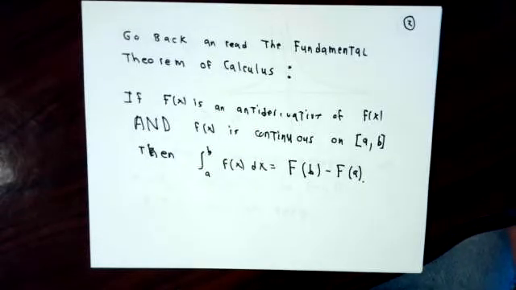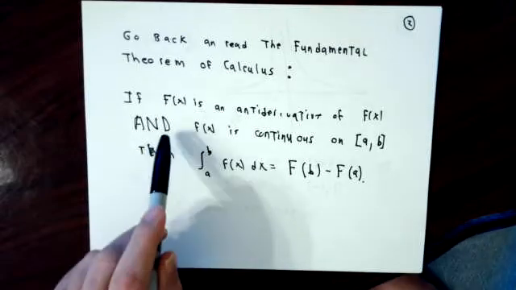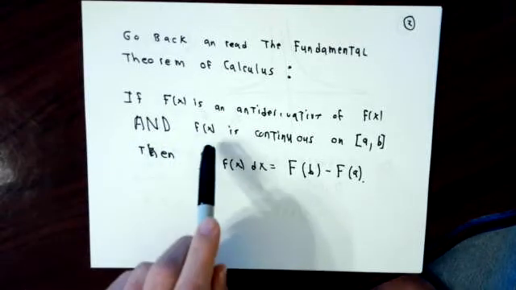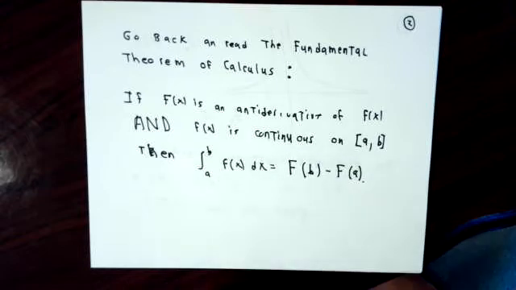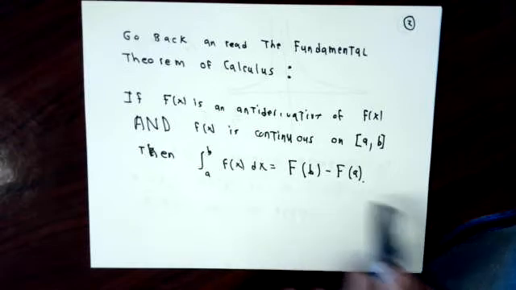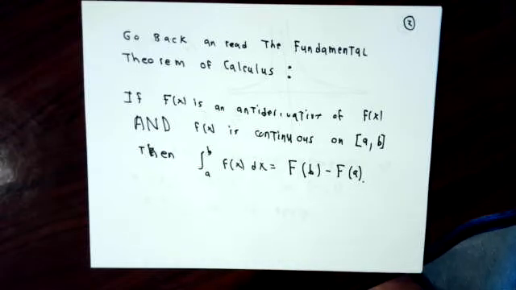If you go back and review the first semester, the fundamental theorem of calculus says this: if capital F is an antiderivative of little f, and the function that you're integrating is continuous on the interval that you're integrating on, then you can use the antiderivative trick.